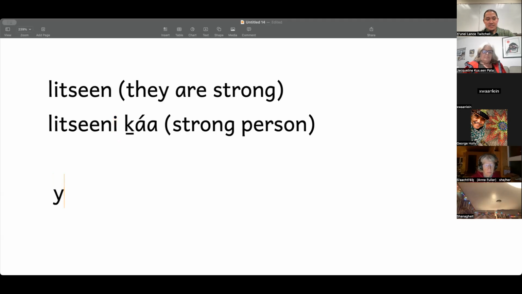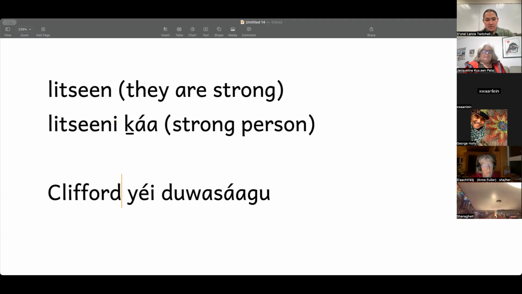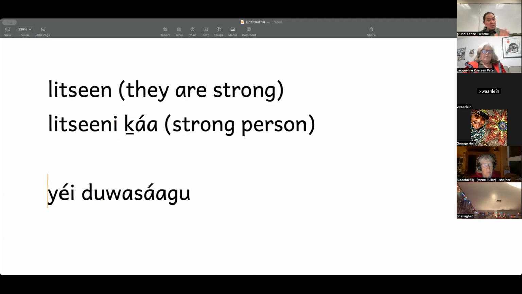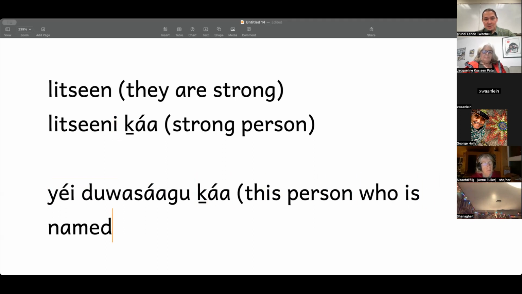So in this case, you have ye do a sagu. Or for example, you could say Clifford, or whatever the name of the thing is, right? So ye do a sagu ka would be this person who is named blank, and you're about to say their name.